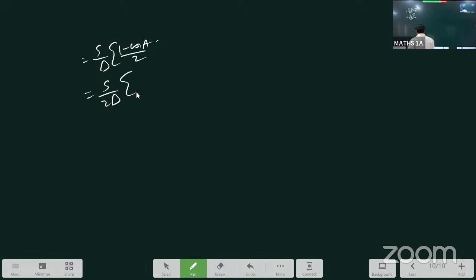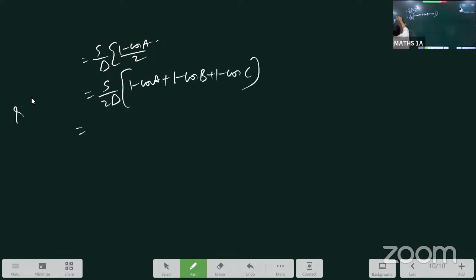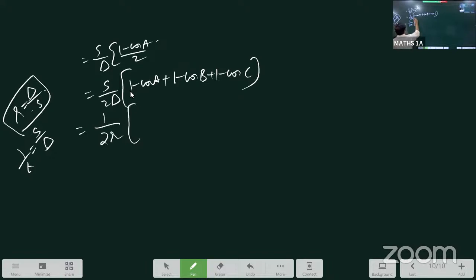Okay, you do one thing, expand the summation: 1 minus cos A plus 1 minus cos B plus 1 minus cos C. Small r is equal to delta by s, then 1 by r equals s by delta. So this becomes 1 by 2r, and 1 plus 1 plus 1 is 3 minus of (cos A plus cos B plus cos C).